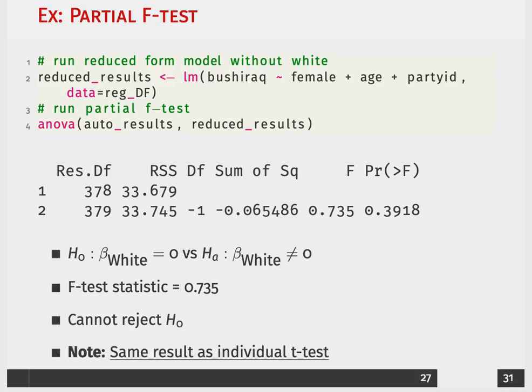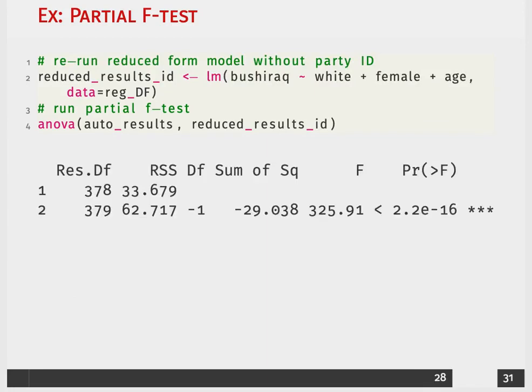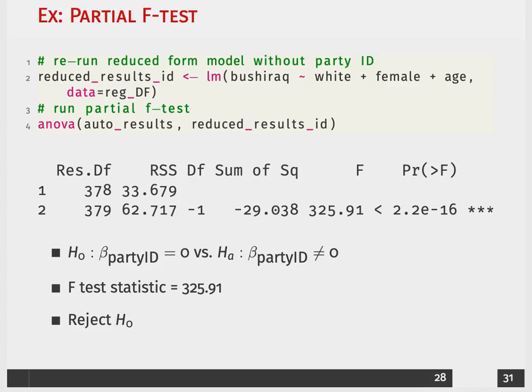We can again do this for party ID, where we remove party ID from the reduced regression. We do our partial F test with ANOVA, and lo and behold, just as before, we get an F statistic that's quite large and a p-value that's quite low, which allows us to reject the null hypothesis that there is no relationship between this subset, in this case party ID, and our outcome of interest.